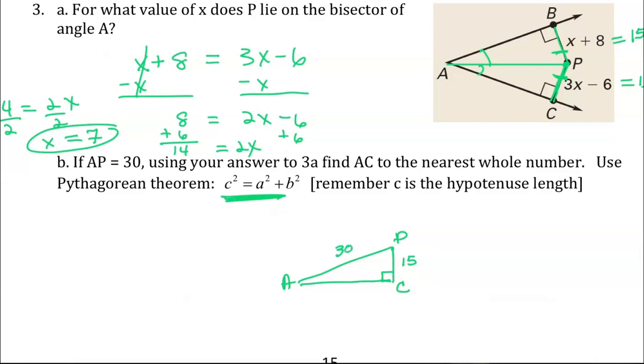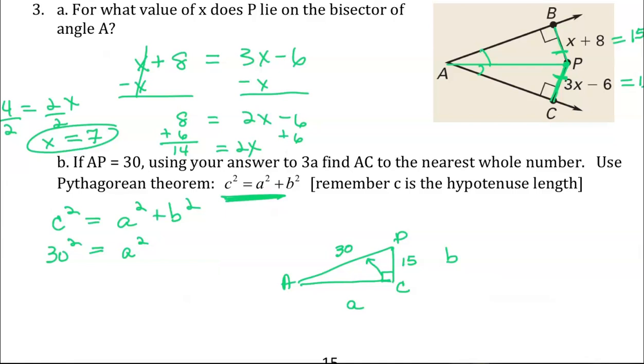That's the hypotenuse. So if I know that c squared equals a squared plus b squared, the c squared has got to be the longest side. That's the hypotenuse across from the right angle. So 30 squared equals, let's make this A and we'll make this B. So that's going to equal some mystery A squared, which is what we want, right?